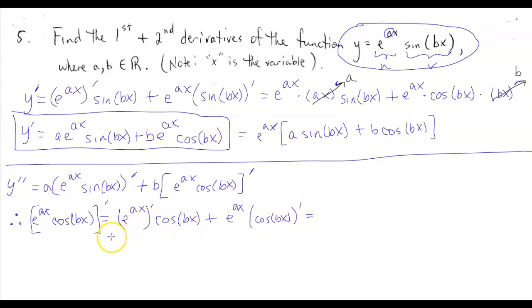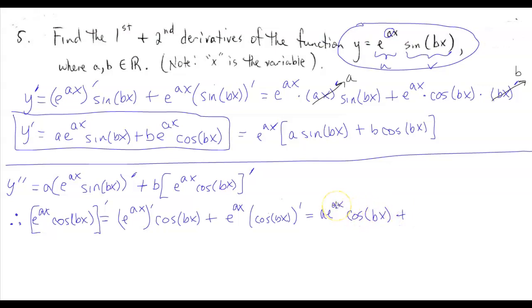And once again we know that the derivative of e raised to the ax, we already found it here, it was just a times e raised to the ax, so we'll reuse that. And that's times cosine of bx.